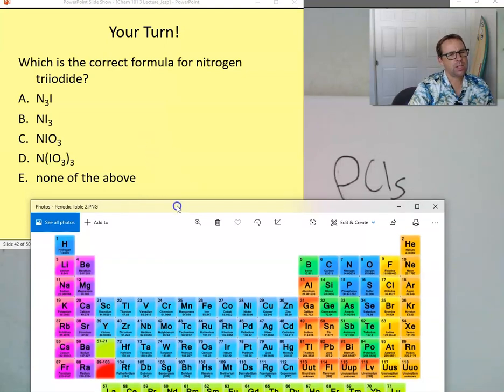All right, so which one of these is the correct formula for nitrogen triiodide? Nitrogen triiodide. None of the above. None of the above? What should nitrogen triiodide look like?